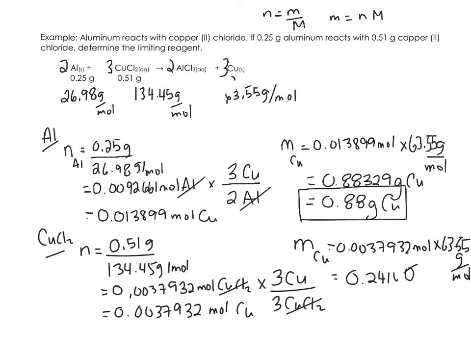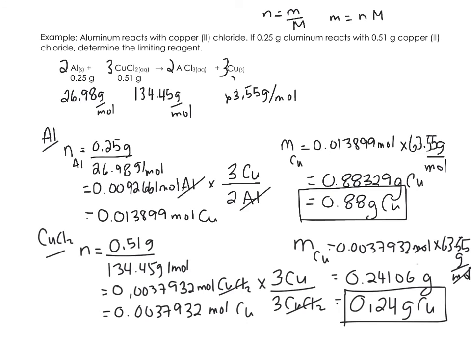Totally wrote those two numbers backwards. Grams, because moles cancel. And so 0.24 grams of copper.